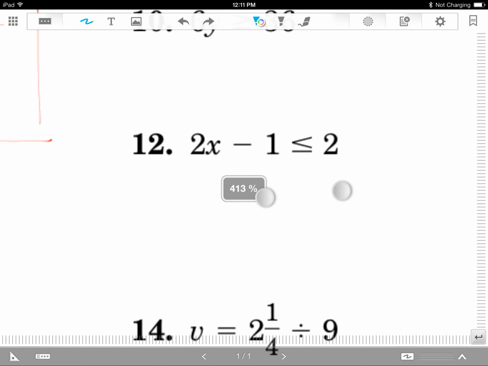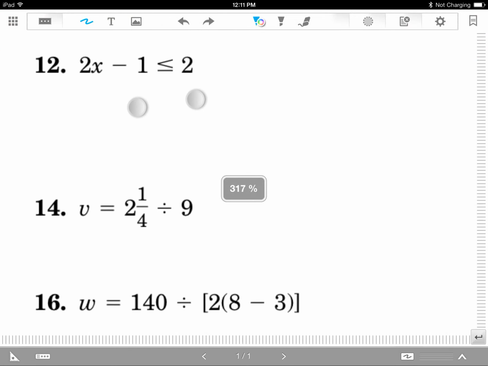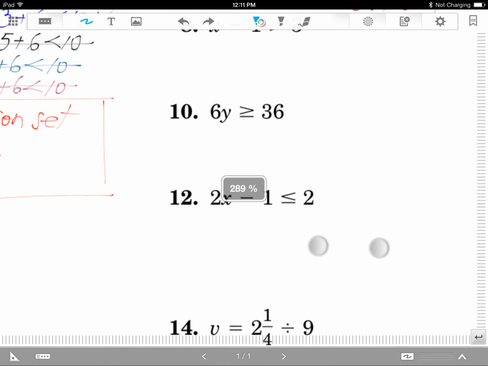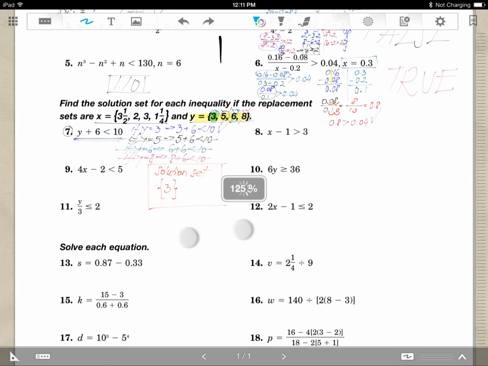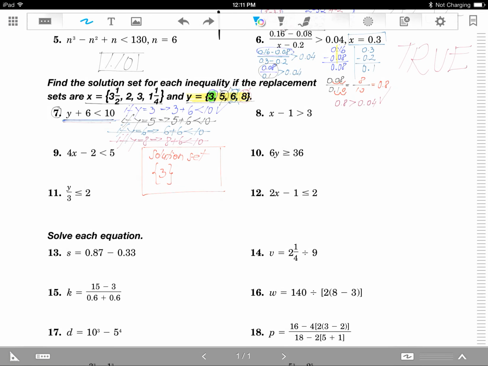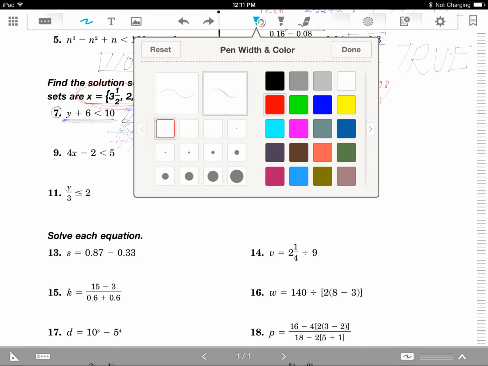Alright, let's try number 12. And we have to remember that for x the replacement set is right here. I'm going to use a bigger pen here so you can see better.